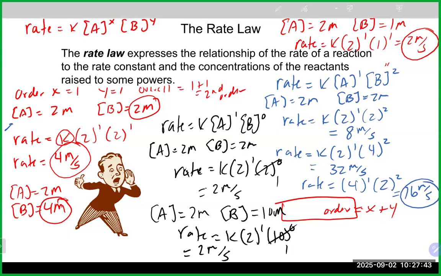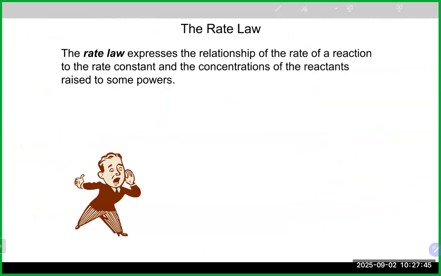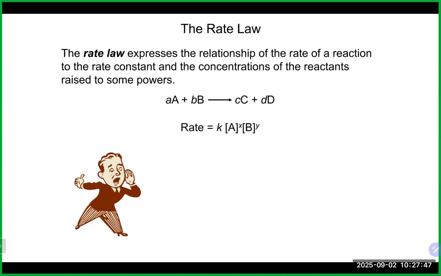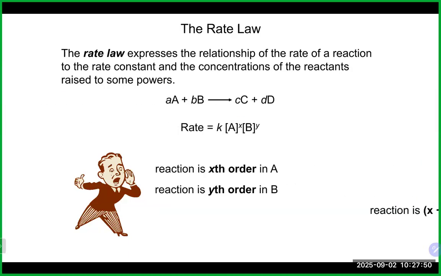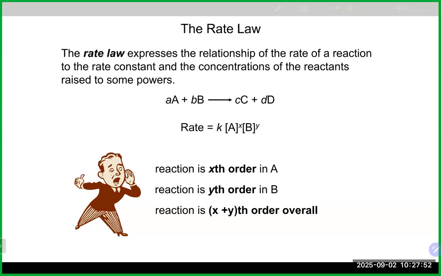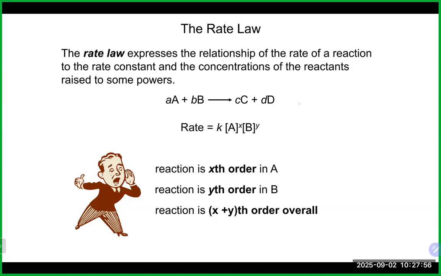All right, so now to a really important question, which was asked a second ago, which is how do we get these orders? How do we get the rate law? Well, we do get the orders and we do get the rate law experimentally. So these are always found experimentally.